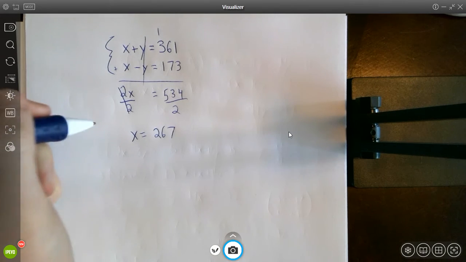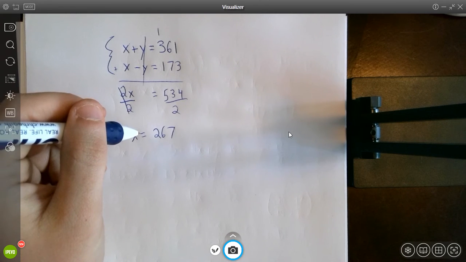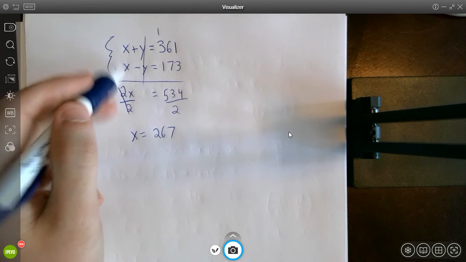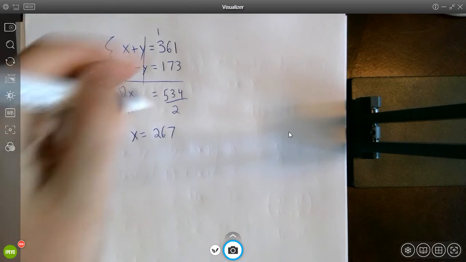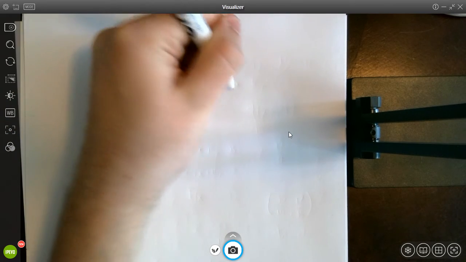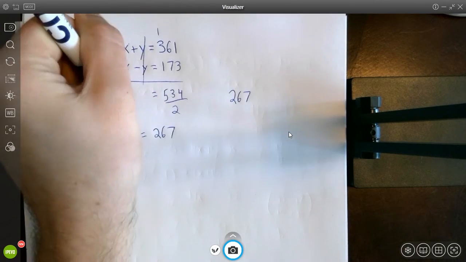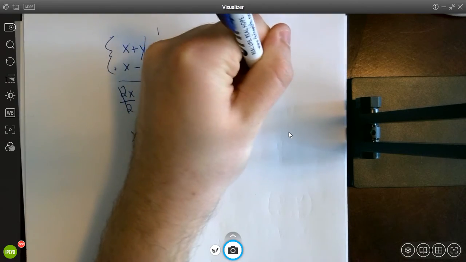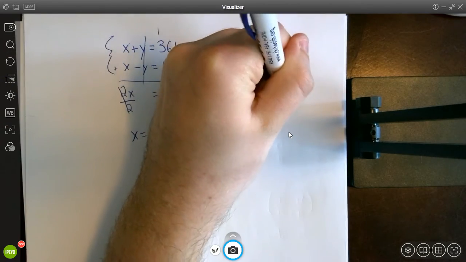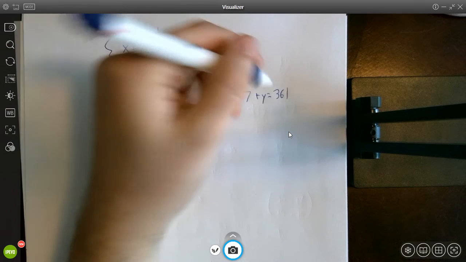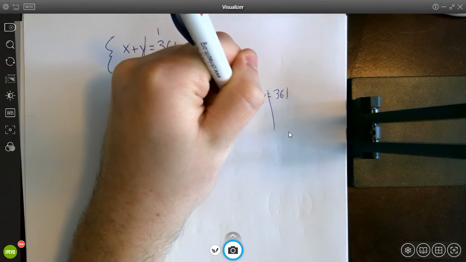All that we have to do now is take that value and substitute into either one of the equations that we have here. I'll just substitute it into the first one. So we have 267 instead of x plus y equals 361. And so to solve for y, we're just going to subtract 267.